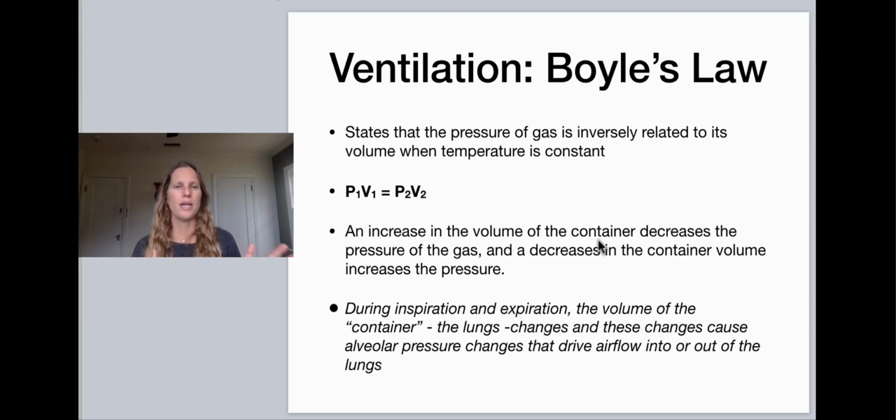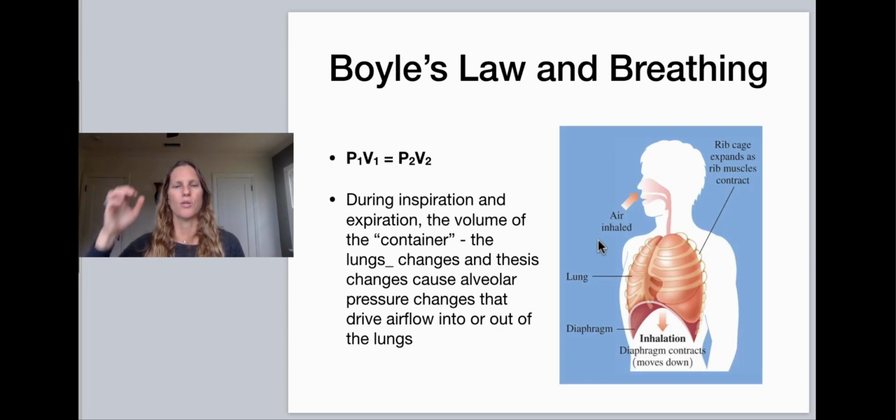So during inspiration and expiration, the volume of the container, which is the lungs and thoracic cavity, changes. These changes cause changes to alveolar pressure, which then influence how air flows into or out of the lungs. So here's a picture.